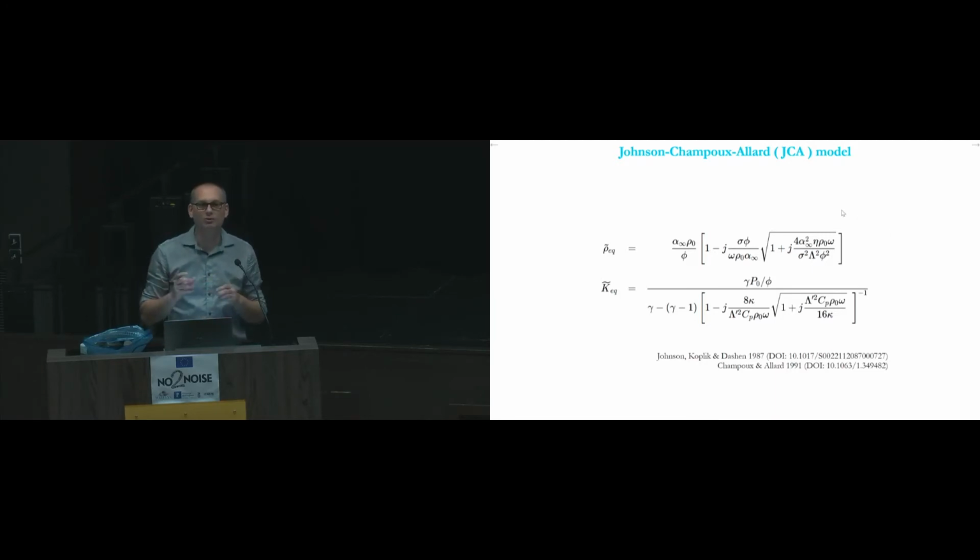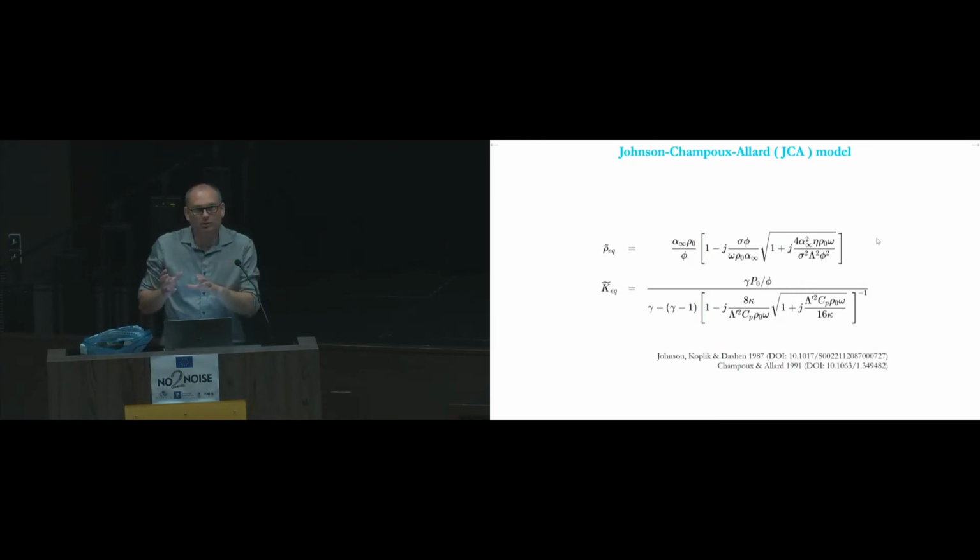Sometimes the parameters are equal to the radius of the perforation when we have a circular perforation, or equal to the half length if we have, for example, a slit or something like that. So all these parameters, which we can see in rho tilde x, for example, we have alpha infinity, we have phi, of course, the open porosity, we have sigma, the static air flow resistivity, lambda, the viscous characteristic length. I will explain this in a minute.